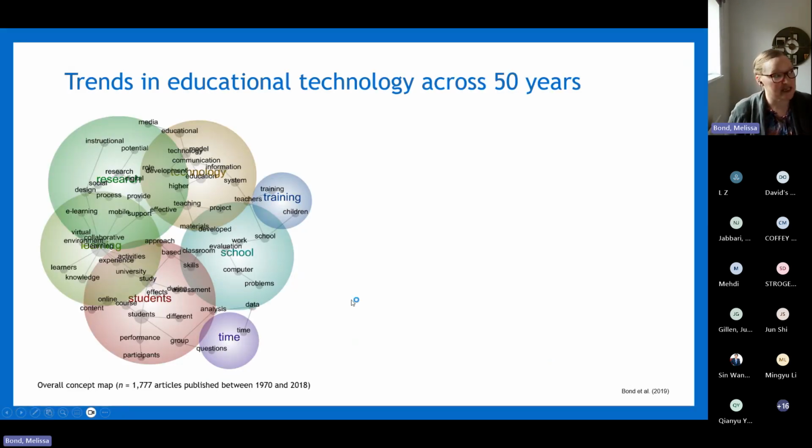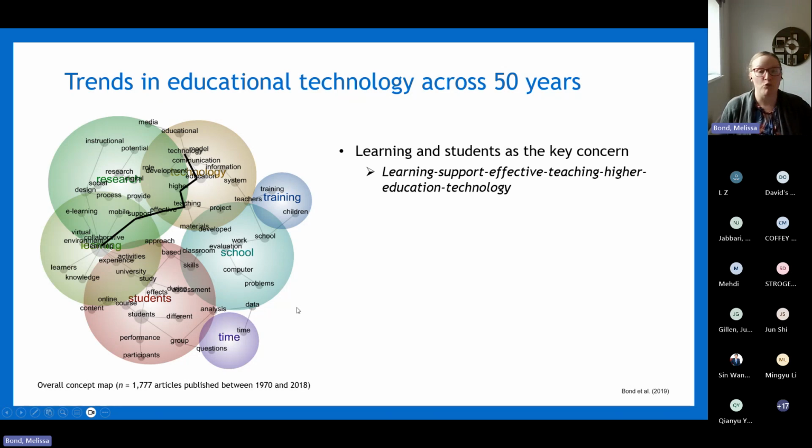So here, in this particular example, I used it to identify trends that had occurred in educational technology research across 50 years within the British Journal of Educational Technology. I started out by looking at what the software produced, which is what you can see here across the 50 years.